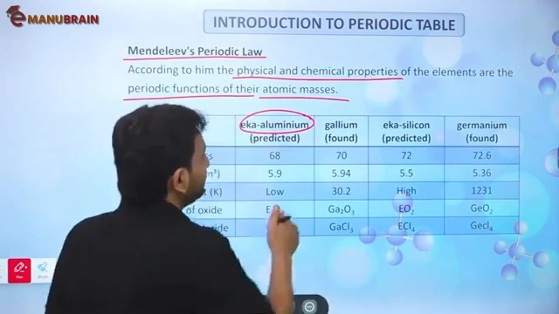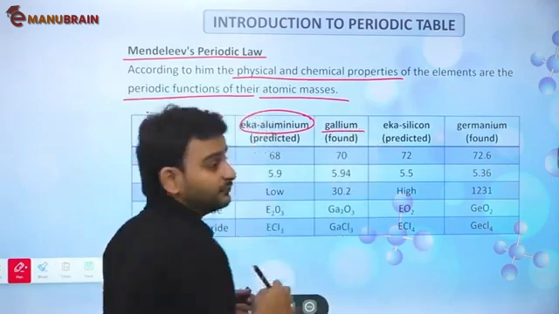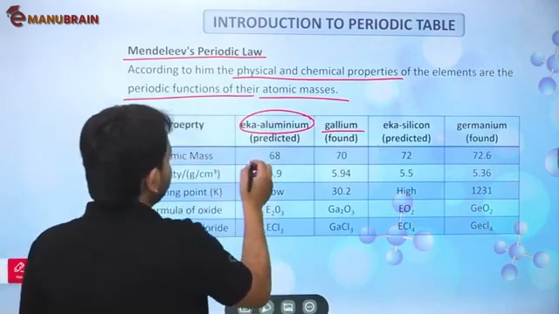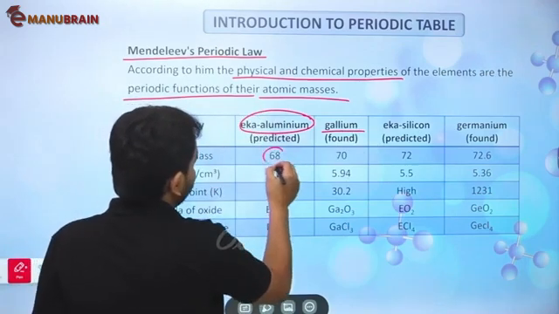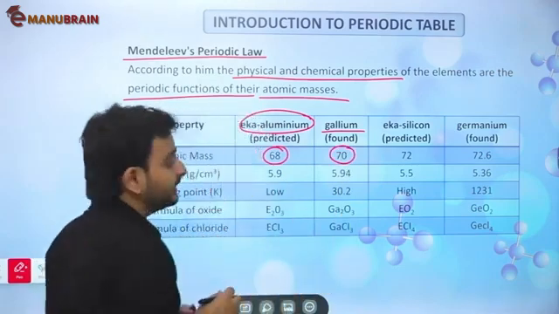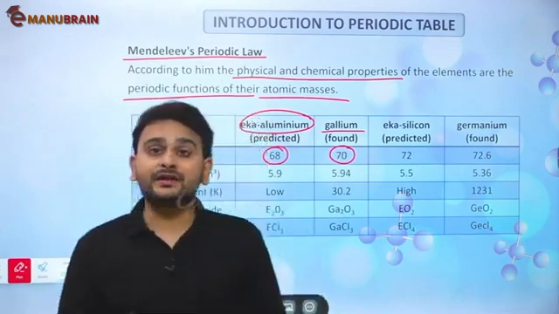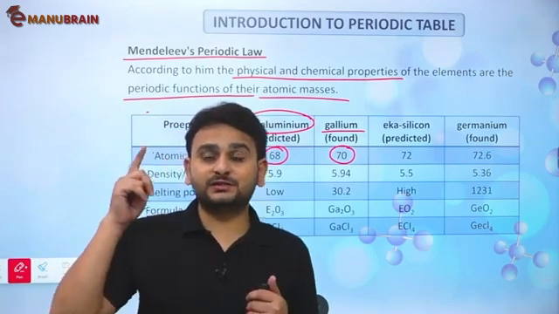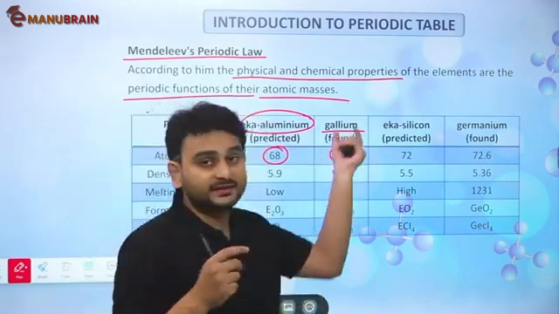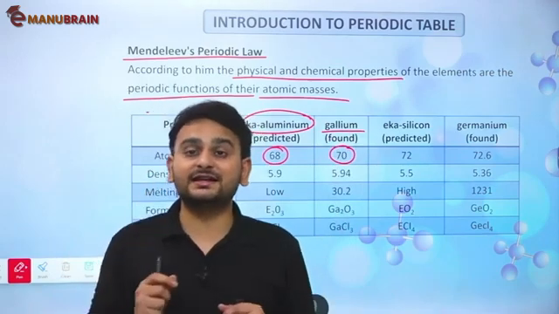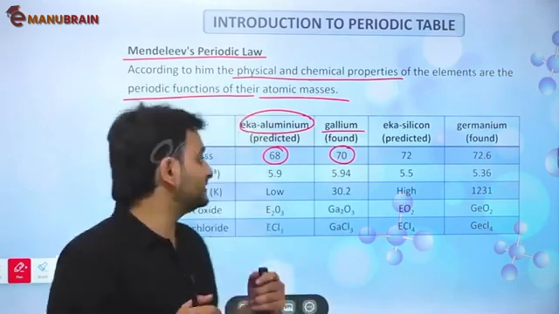Later gallium was found, and he was right, he had predicted it. He said that the atomic mass of that would be 68, and it came out to be about 70. Now when it came out to be 70, the scientist who discovered this element, gallium, went back to Mendeleev. He said that no, you said 68, but it's actually coming out to be 70.